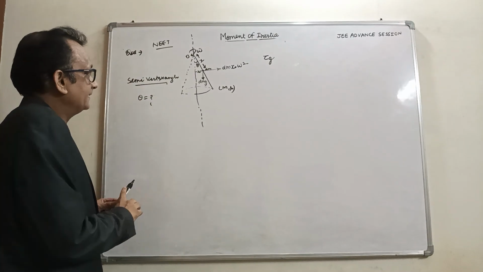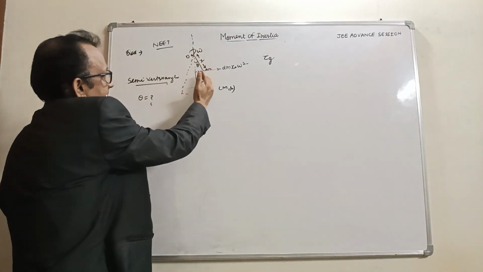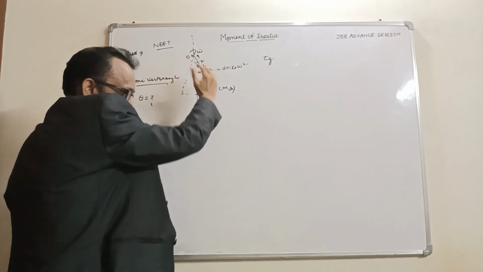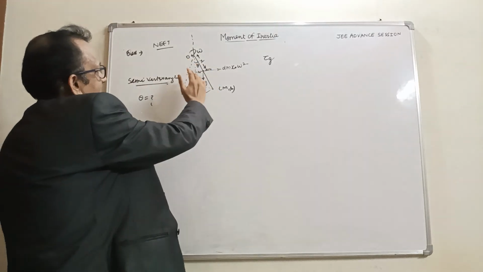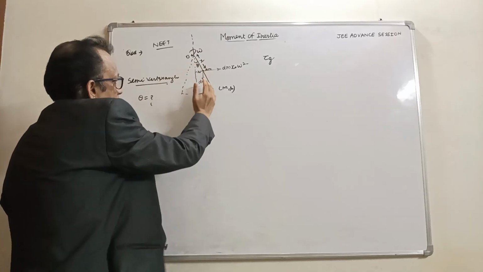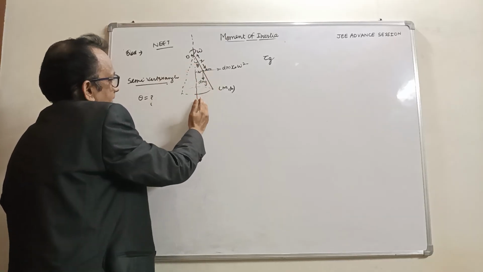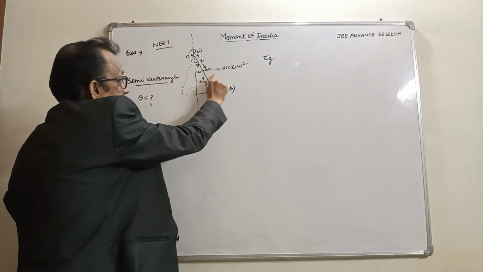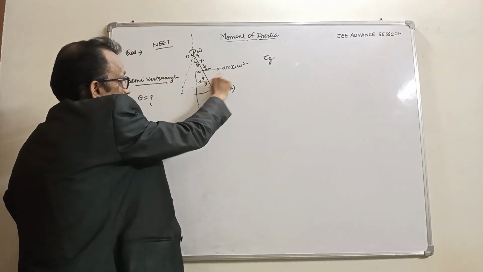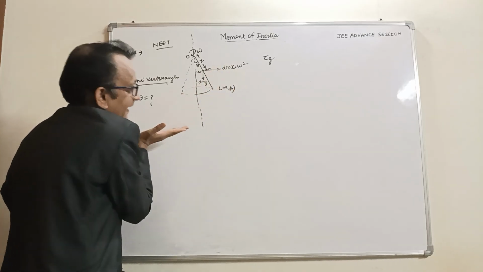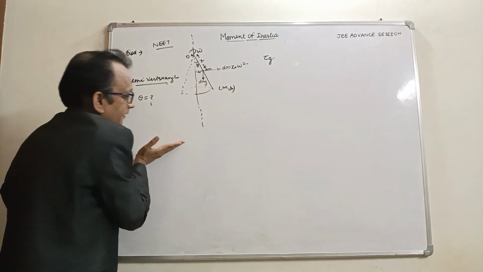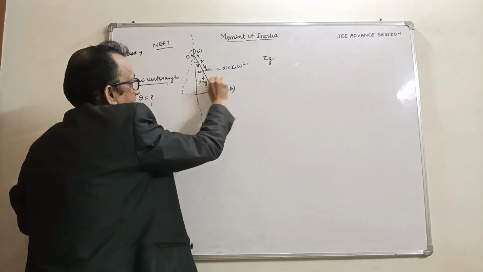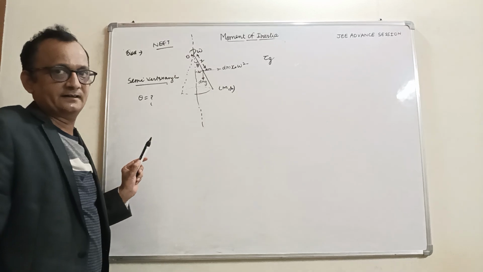Here, understand the scenario. The torque by the gravitation acts in such a way that it moves this rod near to this vertical axis, and the torque by the centrifugal force acts in this direction, so it moves the rod away from this direction.